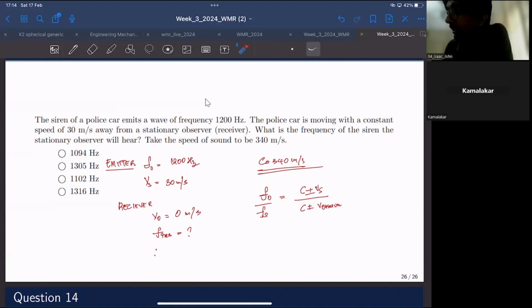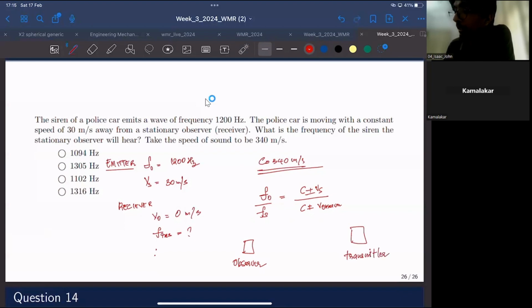Depending on the case, there could be multiple scenarios. If we have an observer here and the transmitter here, maybe the observer is stationary and the transmitter is approaching the observer. Another scenario is the observer is stationary, but the transmitter is moving away.